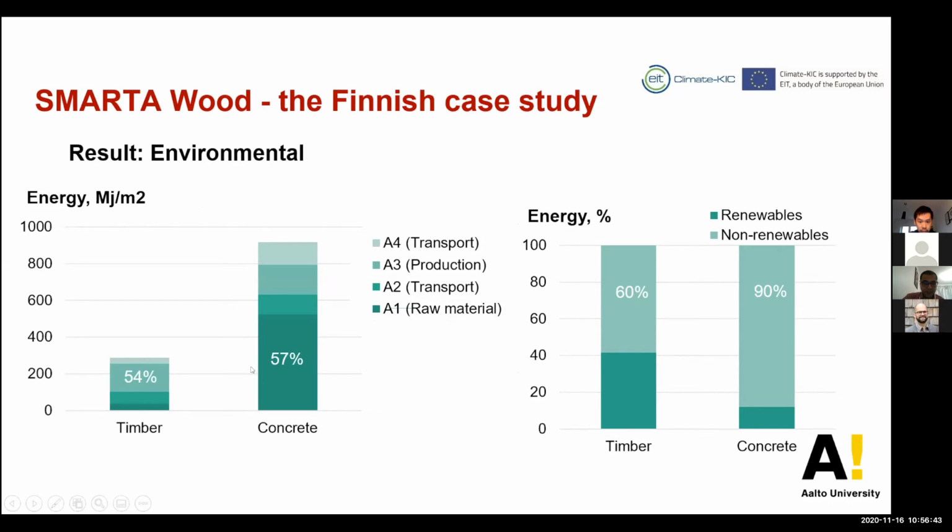Again, energy is lower than concrete, which you can see in the left figure. And in the right figure, you can see the share of renewable and non-renewable. For concrete, mostly non-renewable was used. But for the timber apartment, 60% was non-renewable. Others are renewable.